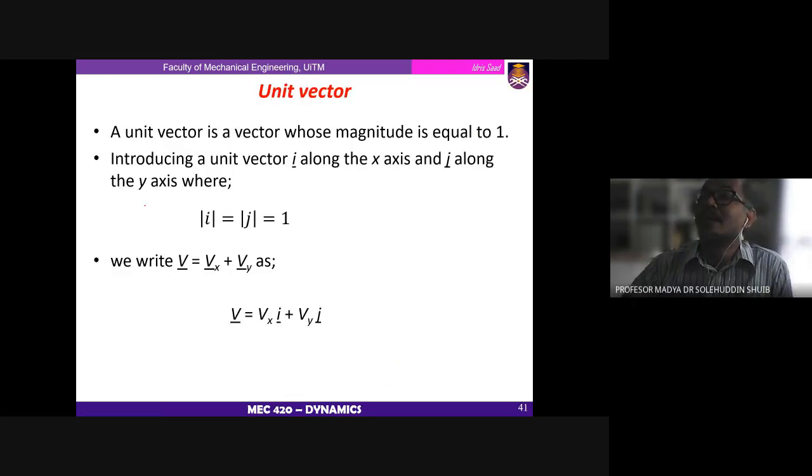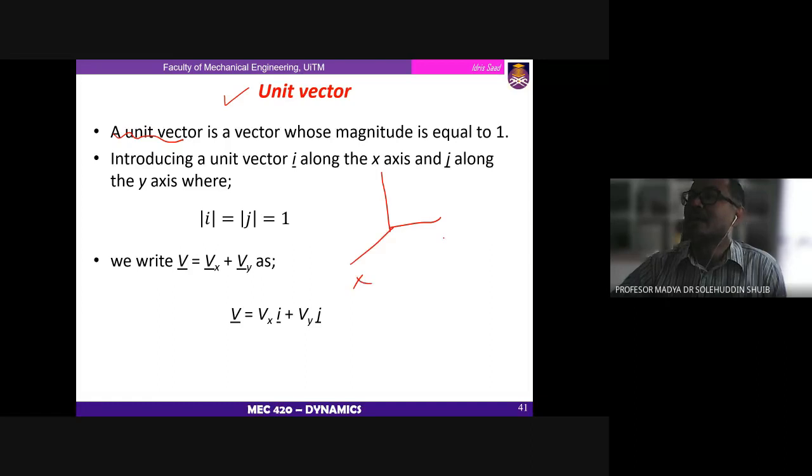And then another thing that you need to recall is a unit vector. Still remember unit vector. You have x, y, and z. So unit vector i, this is j, and this is k.